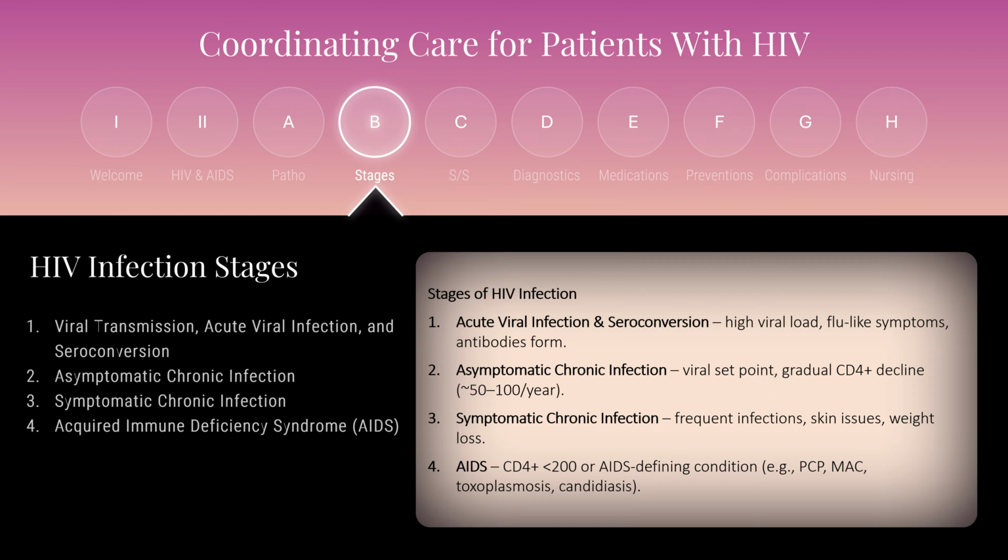The last stage is acquired immune deficiency syndrome, AIDS, where the CD4 plus count is less than 200 or there is presence of an AIDS-defining illness. Examples are PCP, MAC, toxoplasmosis, candidiasis, recurrent pneumonia.